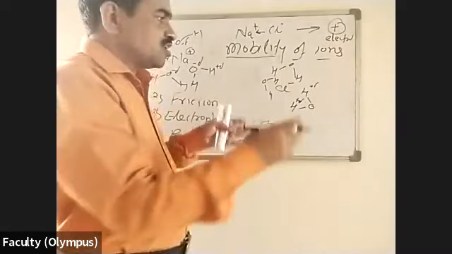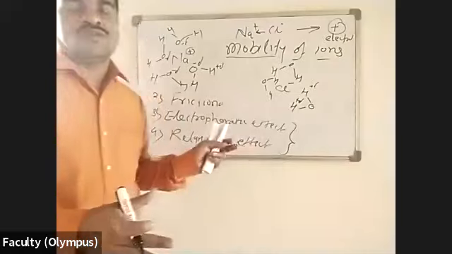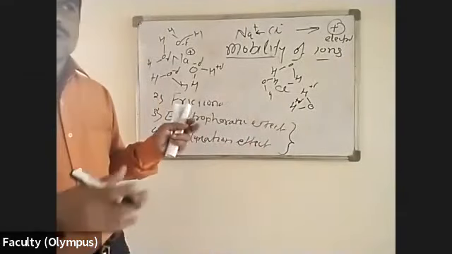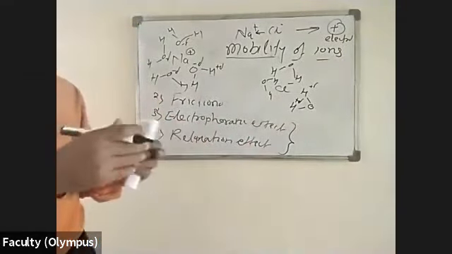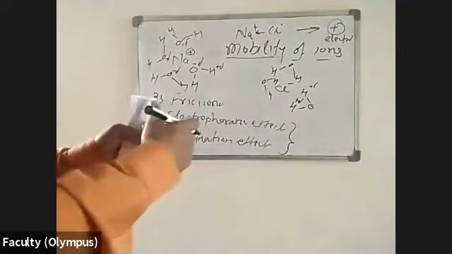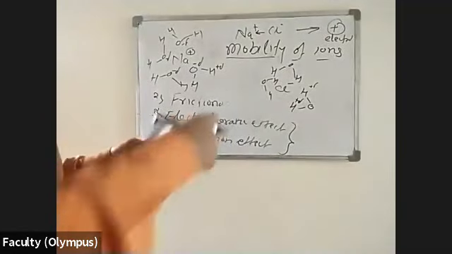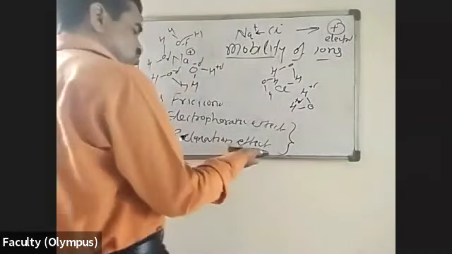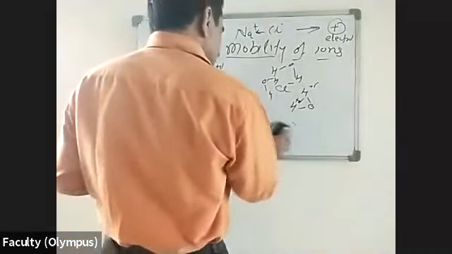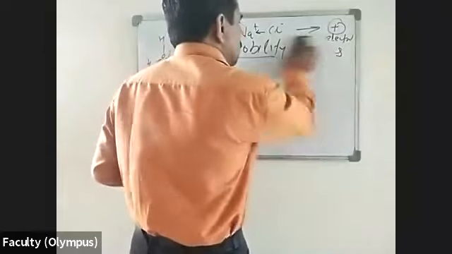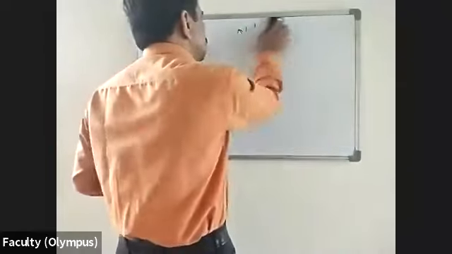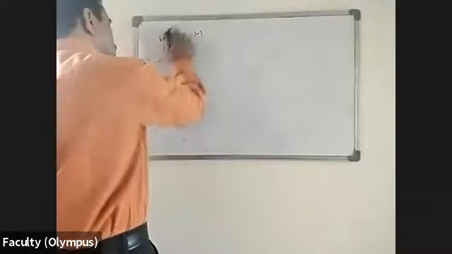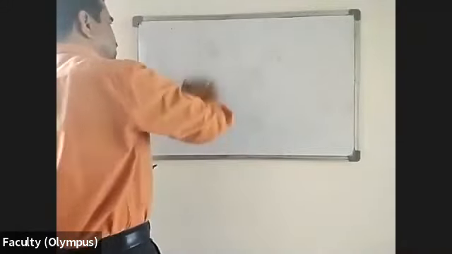In absence of current, these were randomly distributed. But when we apply current, then the negative charge moves towards the positive electrode, and positive charge moves towards the negative electrode. So because of this, the conductance of solution depends on these four factors.